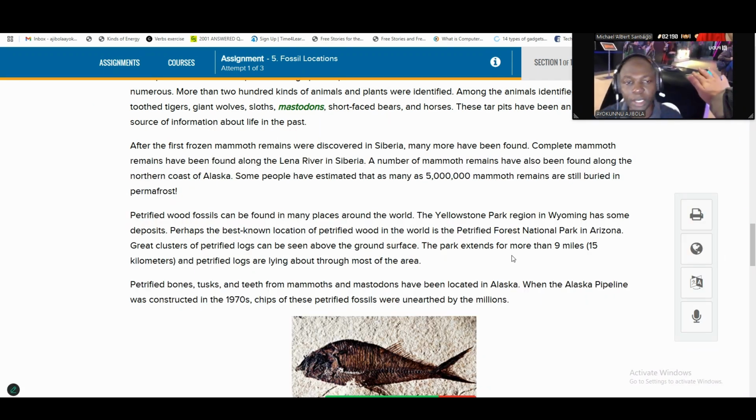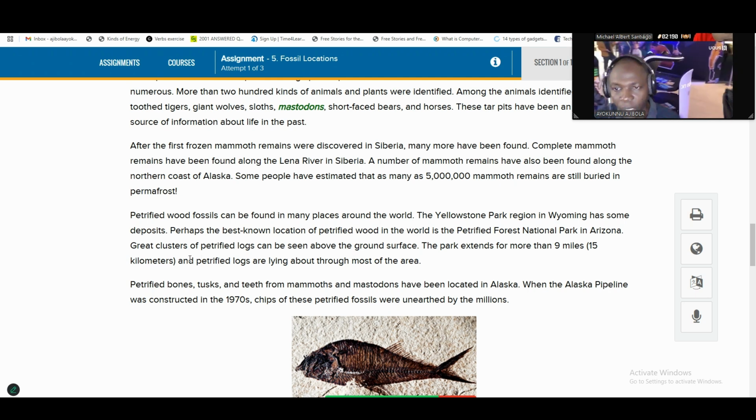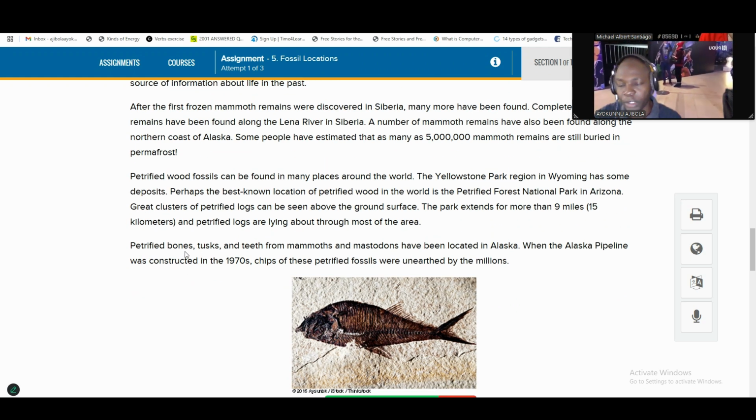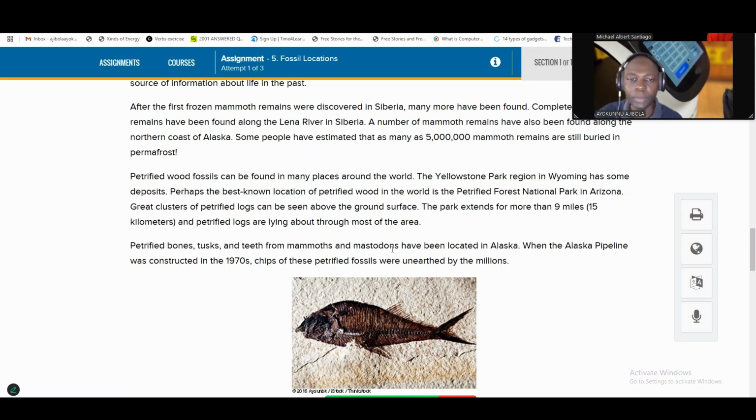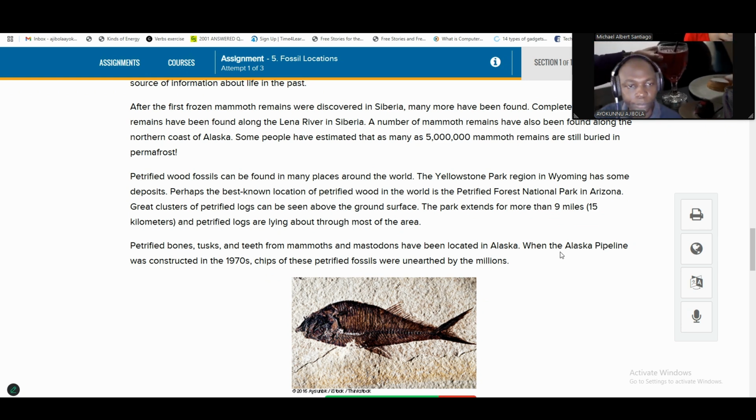The park extends far more than 9 miles, which is 15 kilometers, and petrified logs are lying about through most of the area. Petrified bones, tusks, and teeth from mammoths and mastodons have been located in Alaska. Is that clear? Yes.